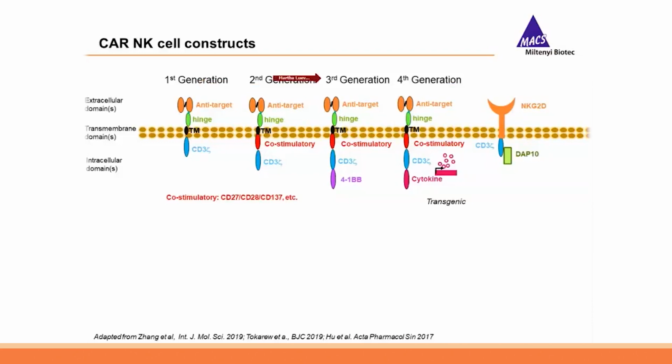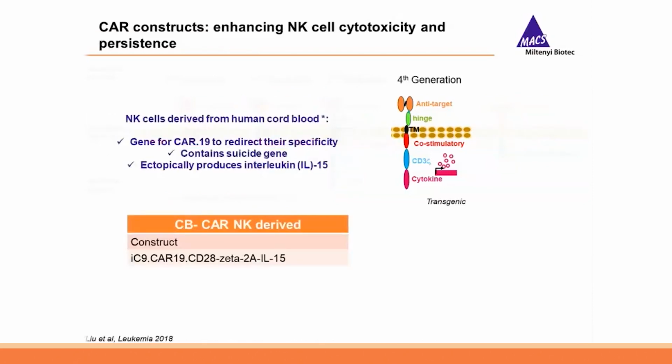I have to say that I guess for the ease of convenience, most of the studies using CAR NK cells have just adapted these third or fourth generation CARs and use them for NK cells. Just to give you a couple of examples. One of them is the one used by this publication from MD Anderson, and what they're doing is using this fourth generation.